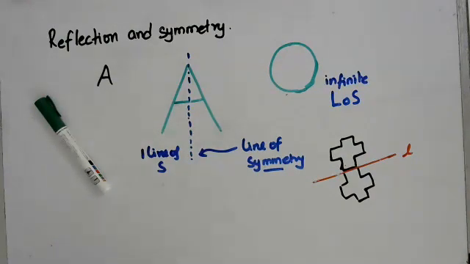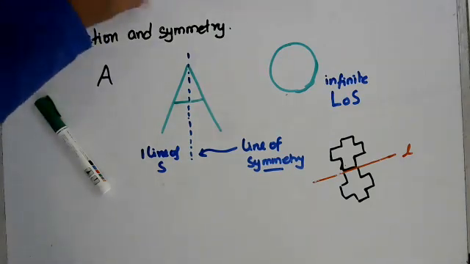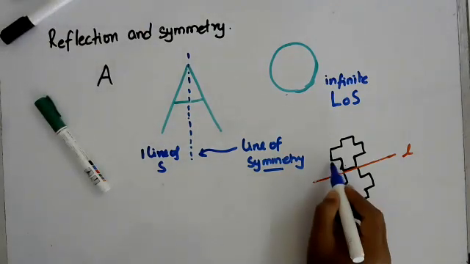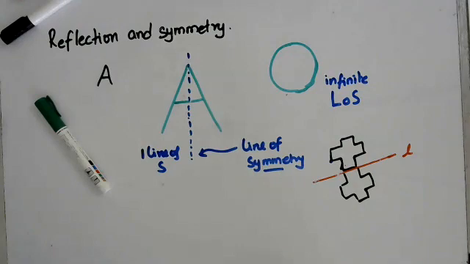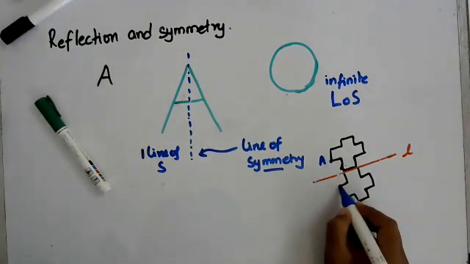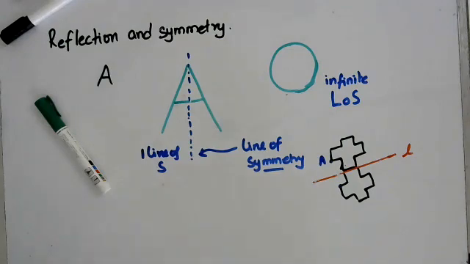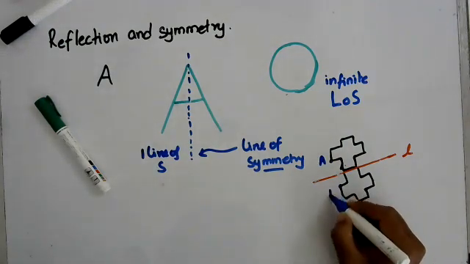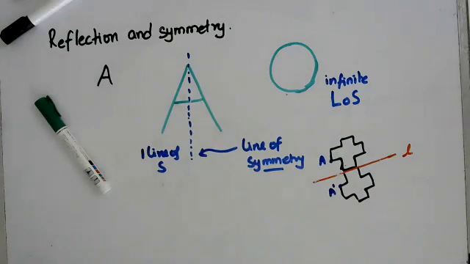Okay. Now, there is an interesting thing about this, which is that if you take this point, okay, and let's say you call it A, it has a reflection on the other side, which we normally in symmetry call A dashed. You can call it B if you like, but that's up to you, entirely up to you.